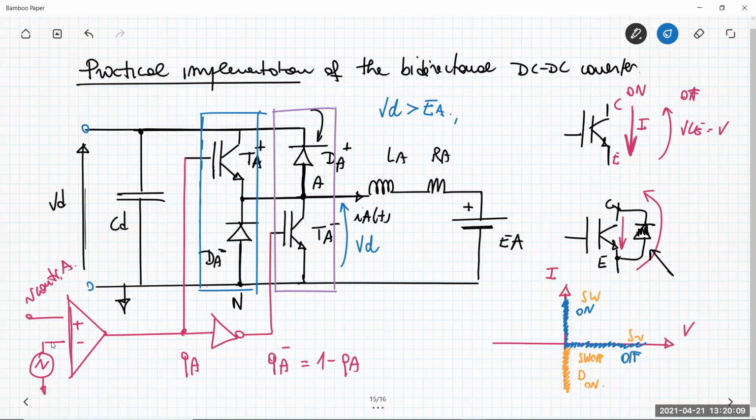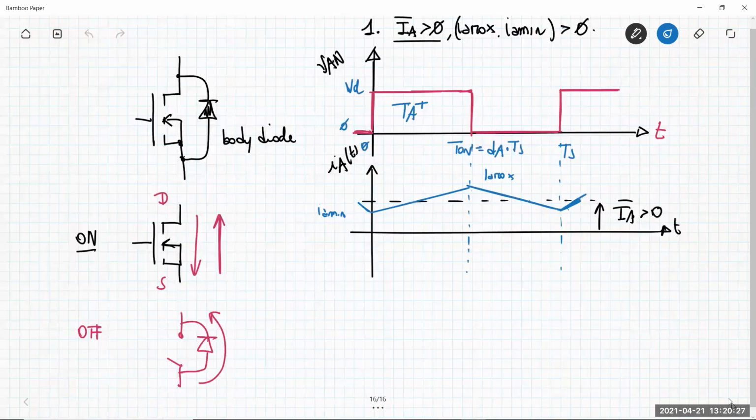Also consider that EA is positive, so it means that the rotating speed omega m is positive, so the motor is rotating in a specific direction, I don't know, clockwise, for example. And so what happens is that it leads to a current which is positive as an average value and a positive slope, giving a rising current. Okay, so this directly comes from the previous example.